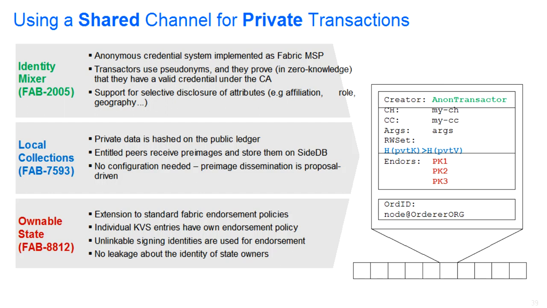And these local collections would be one or more collections within Ownable state, or is it a sibling to Ownable state kind of thing? So in general, I think local collections, and there are some WIPs out there for consideration, but the idea would be it's just a collection that people define with this local flag, and whenever a peer of an org receives a pre-image, it knows that it has to propagate that pre-image only to nodes of its own organization.